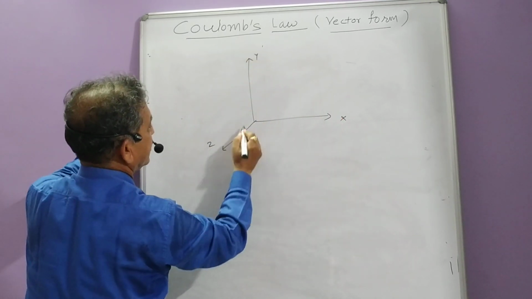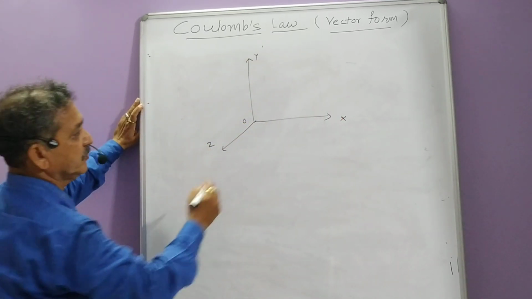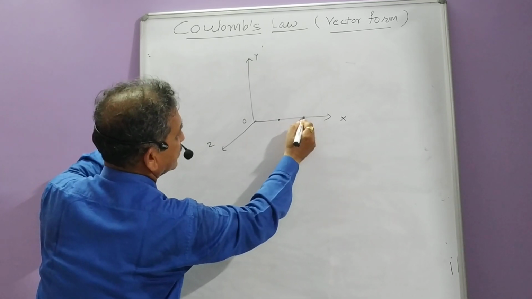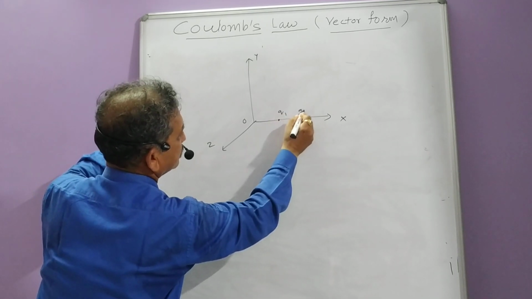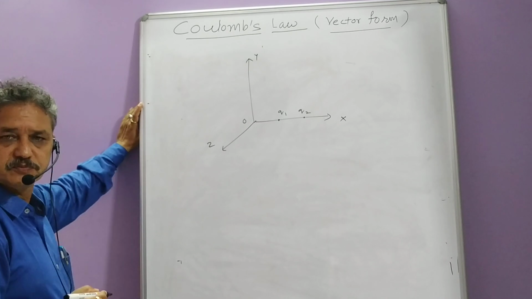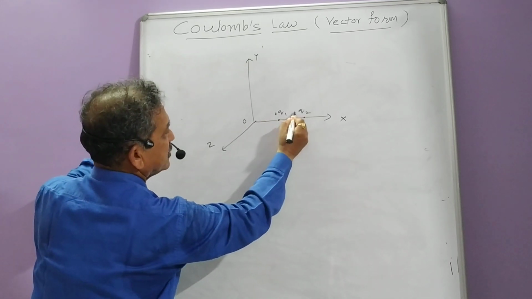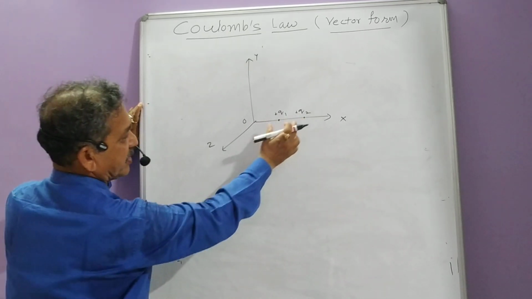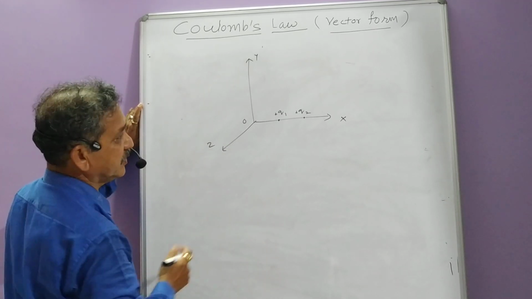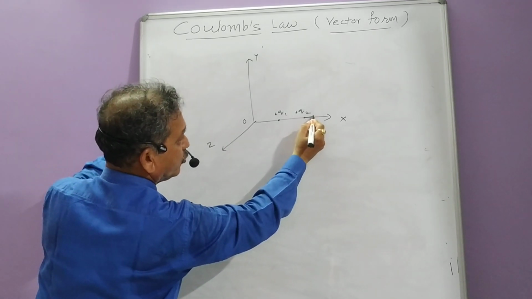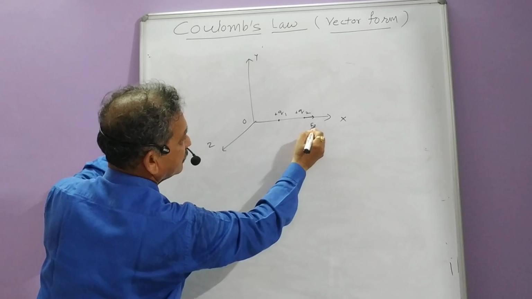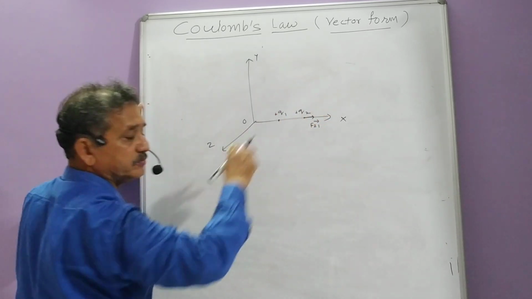As you know, this is a 3-dimensional coordinate system. If I take the charges Q1 and Q2 on the x-axis, both positive charges separated by this much distance, then the force acting on charge Q2 by Q1 will be F21.